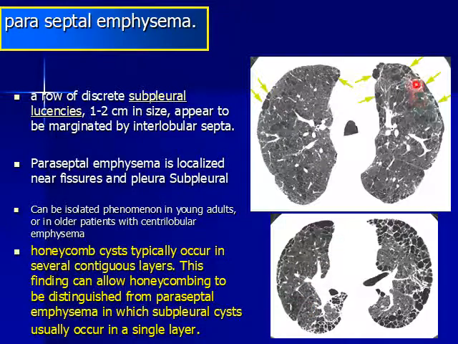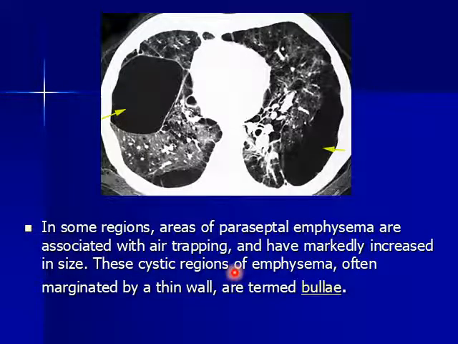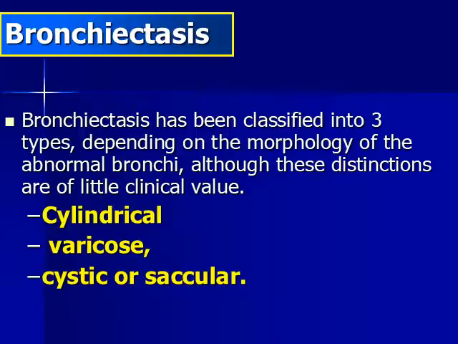So it is very important to differentiate paraseptal emphysema from honeycombing. As I've told you, if you mention honeycombing in your report, this is very serious. Paraseptal emphysema, some of them may enlarge to make large bullae like this.